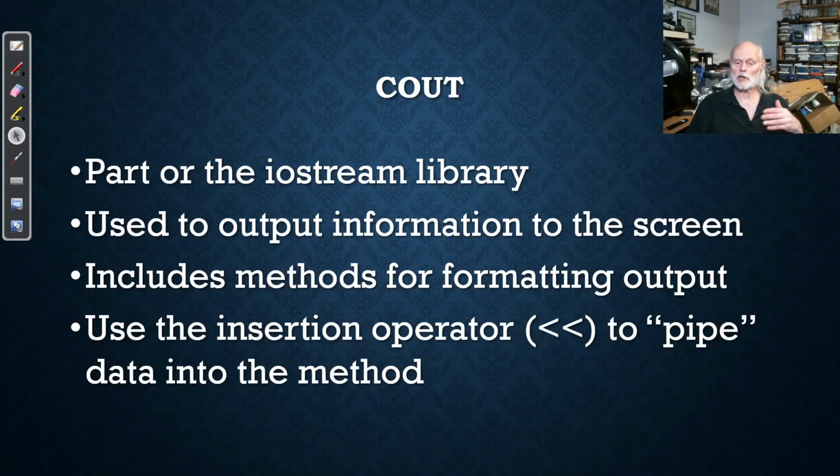It uses what we call the insertion operator, which is two less than signs, sometimes called a piping symbol, to pipe or send data from whatever's on the right into the cout function in order to get your data output.